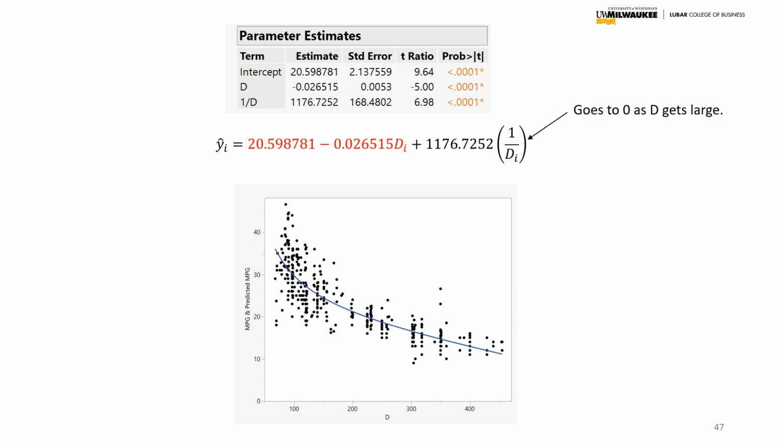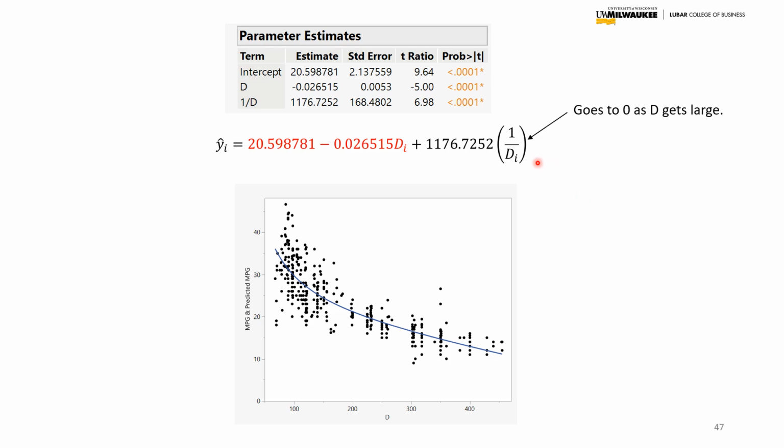Here's the multiple regression fit on d and 1 over d. You can see the predicted values indeed get at the curvature. This curve will not curl back up as the quadratic does. What you will recognize is that when we move into larger values for d, that is, we move to the right here, this 1 over d term will go to 0.